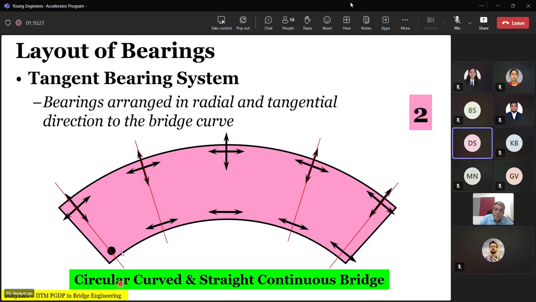For linear stresses, sir, I think it will be better. What are linear stresses? Like, sir, for continuous PSC girders. We are only discussing continuous girders. So you should have chosen tangential boldly.